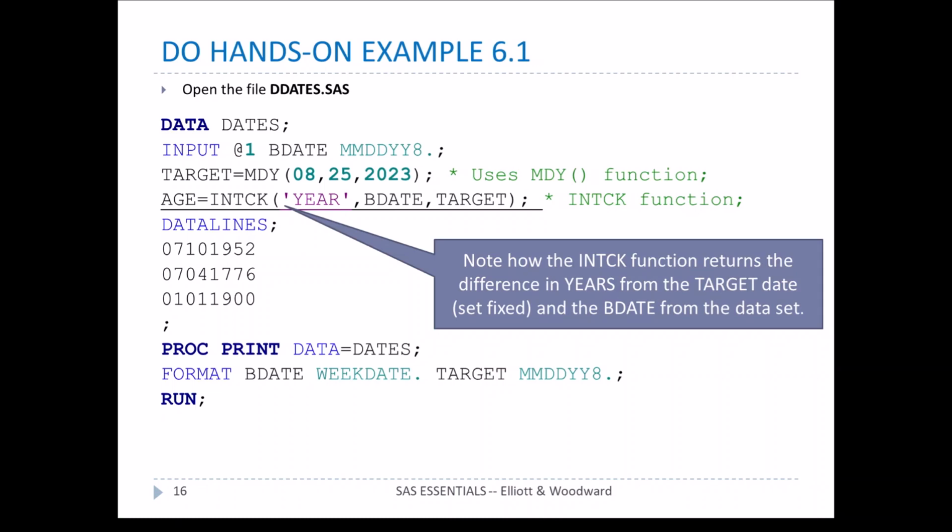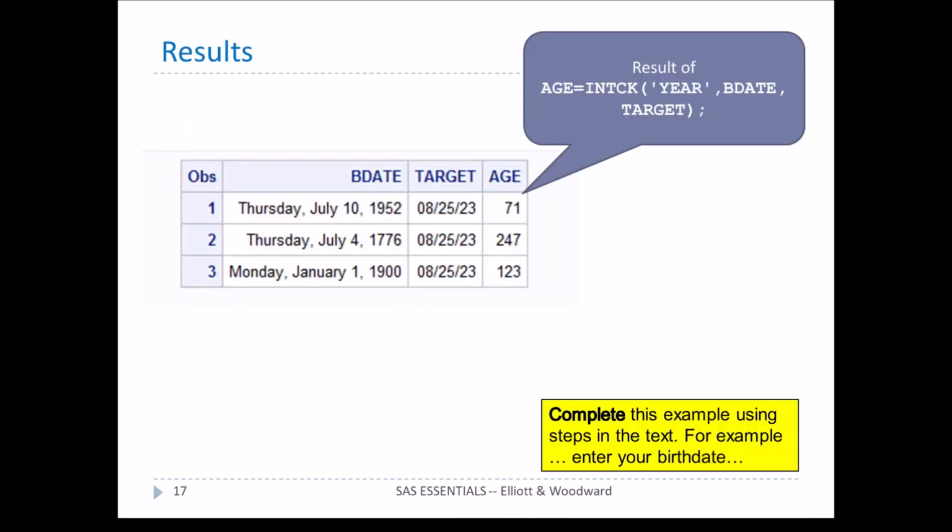It will format bdate and target, and also give us the age, the difference that it found. And so here's the result. Here we see birth date, in a particular format. Target is in a different format, and then age is that difference it calculated. So target minus birthday gives us age, and that's the numeric integer value of the difference between those two dates.